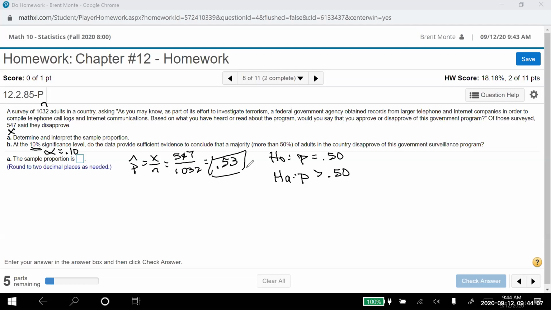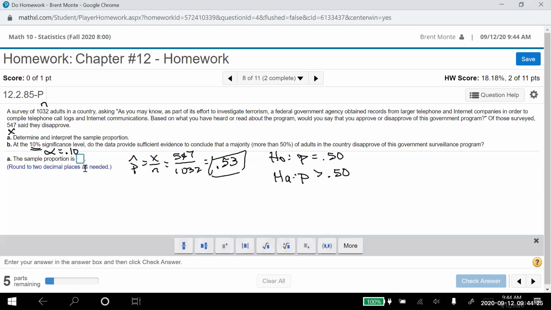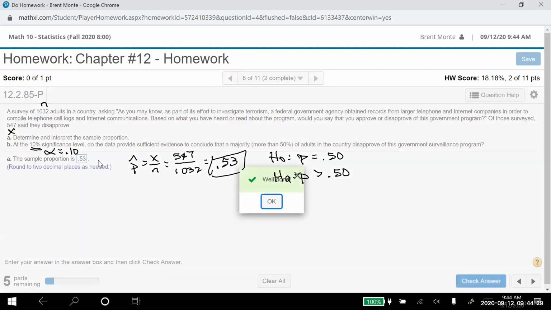I don't know. We don't expect p hat to exactly be the population proportion p, but is that too far away that it has to be something other than sampling error? In other words, it probably is that the population mean is above 50%, population proportion rather. So let's go in here, we'll say the sample proportion was 0.53.